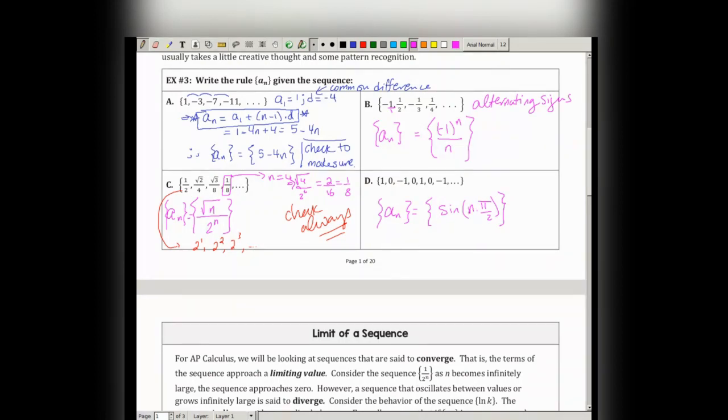N times pi over 2. So when n is equal to 1, sine of pi over 2 is 1. When n is equal to 2, 2 pi over 2, sine of pi is 0. When n is equal to 3, 3 pi over 2, negative 1. 4 pi over 2, we're at 2 pi, we're back to 0, and then it starts repeating.